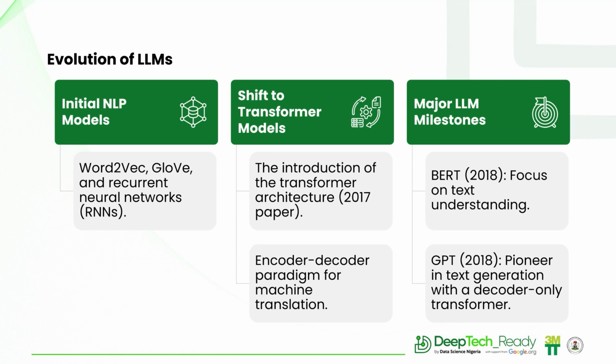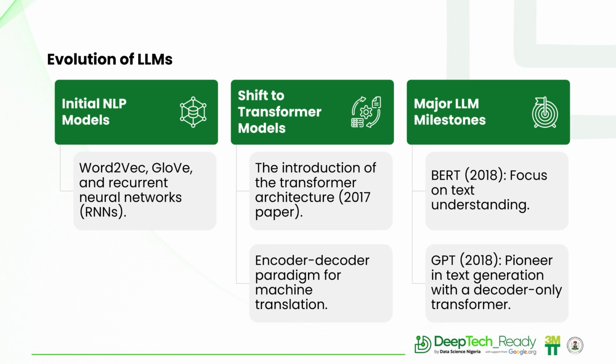Large language models have evolved significantly over the years. Early NLP models like Word2Vec and GloVe focused on capturing relationships between words as static embeddings. Recurrent neural networks, or RNNs, brought sequence-based modeling but struggled to handle long-term dependencies in text.